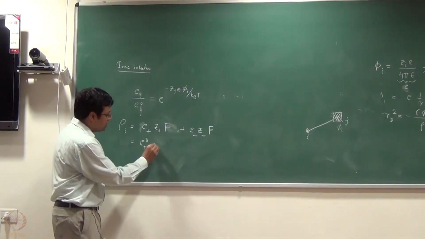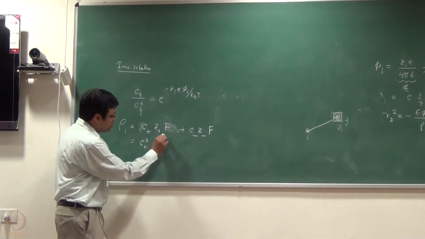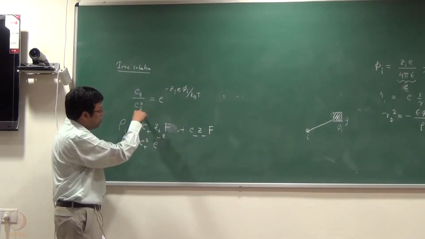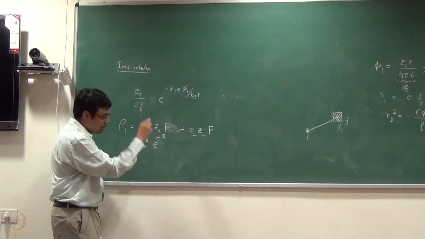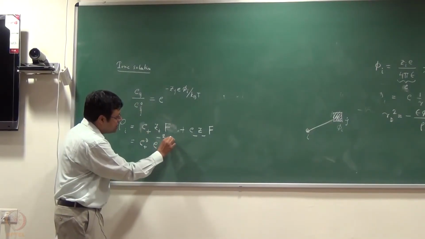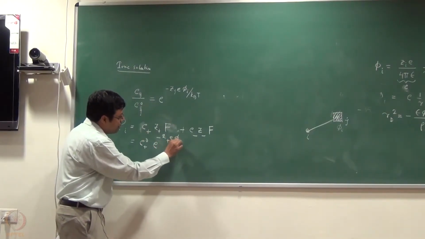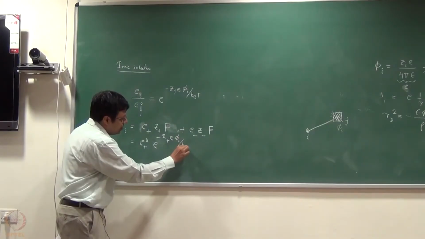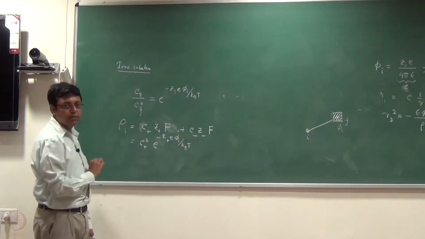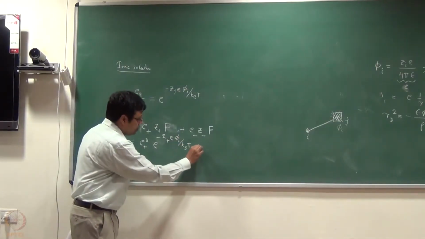Which is e to the power minus, for j being plus, Z plus E phi I by kBT. Clear?